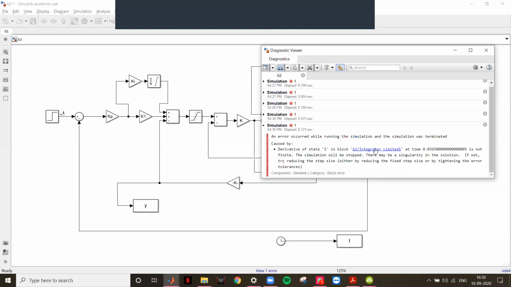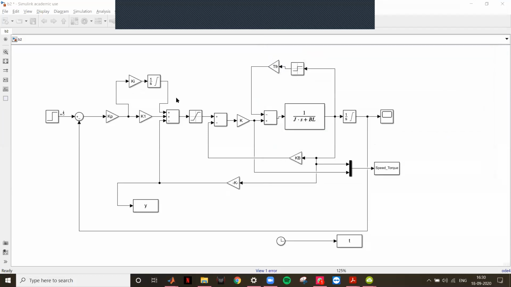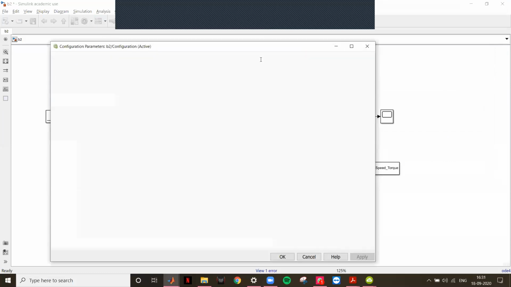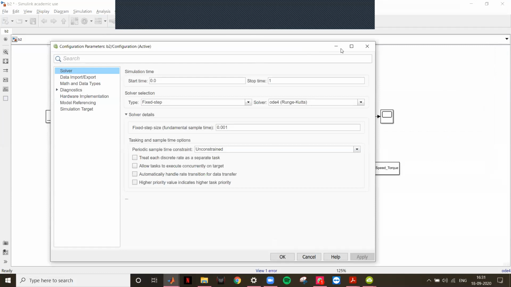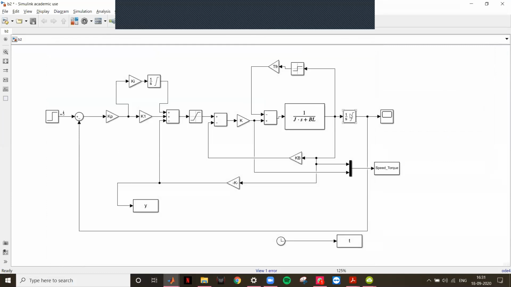Close this diagnostic viewer. You click on this saturation limit. Fixed step, those things are okay, fine. What is this BL? B capital. Sir, he gave an input perturbation point near the step input command.